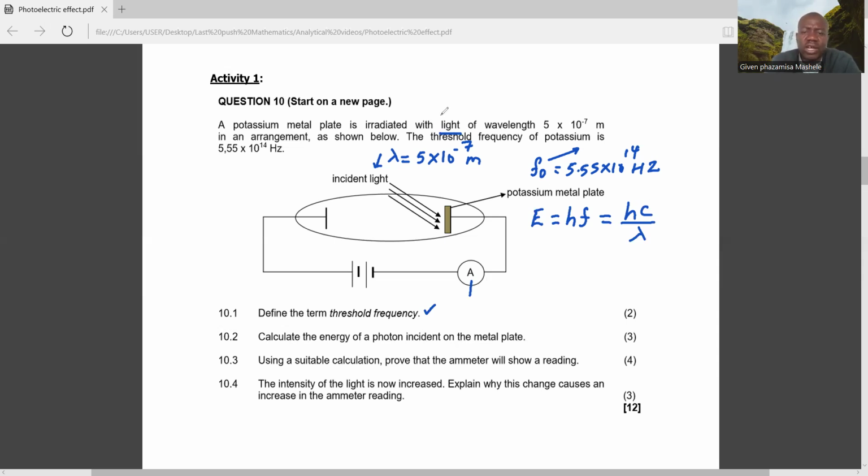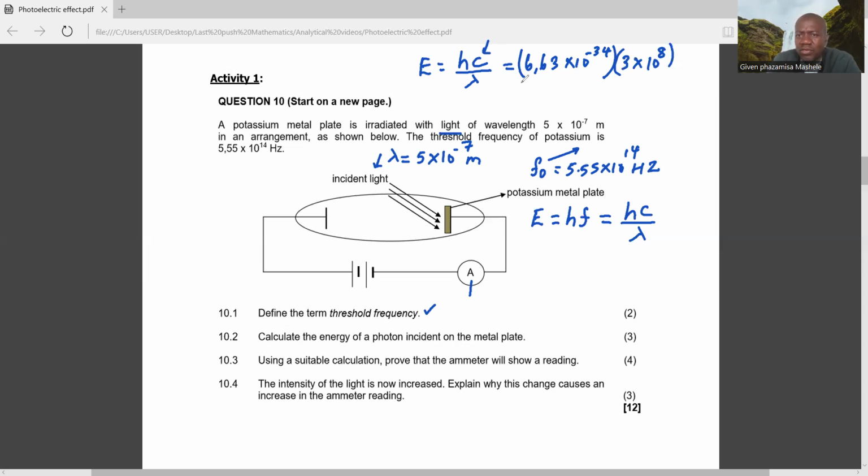So to do the calculation, the energy of photons is Planck's constant times the speed of light divided by the wavelength. What is Planck's constant? Planck's constant is 6.63 multiplied by 10 to the power minus 34, multiplied by the speed of light in a vacuum, which is 3 times 10 to the power of 8.